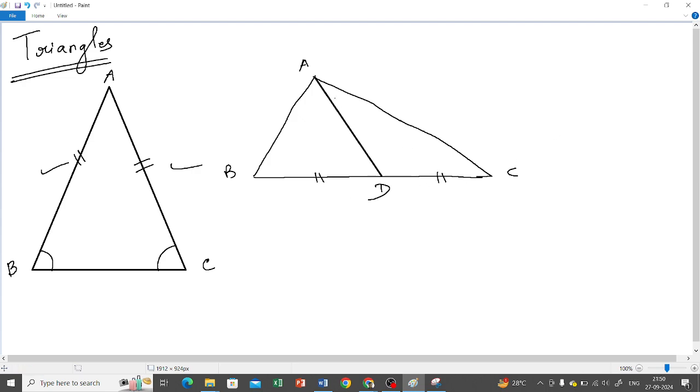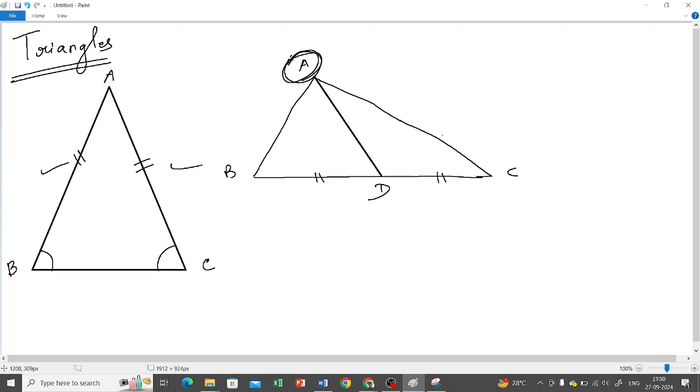See, this AD is a median which is starting from A and is actually breaking BC into two equal parts.